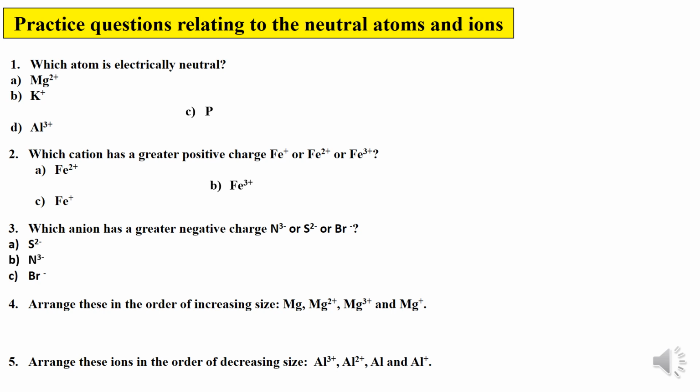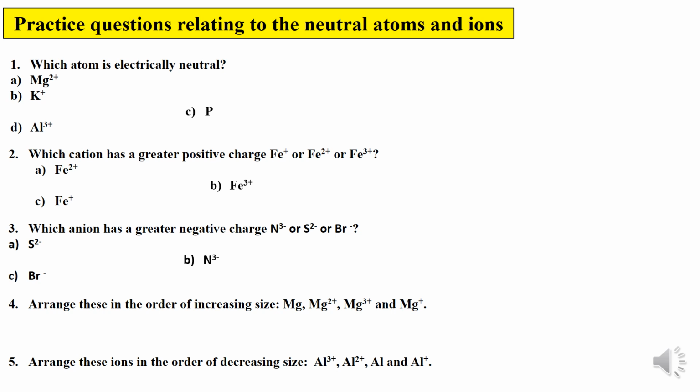Now, which ion has a greater negative charge? Yes, it is the nitride ion with three negative charges as compared to two negative charges in the case of sulfide ion and only one negative charge in the case of bromide ion. So the answer is nitride ion, bearing three negative charges.